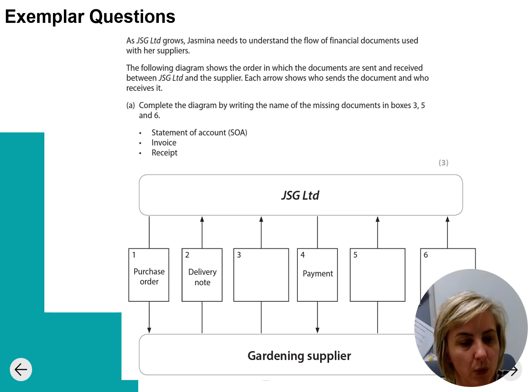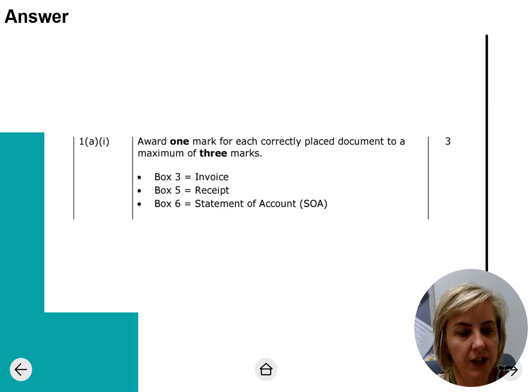It's really important the students just commit that to memory in order for them to be able to get those simple, easy first 3 marks that can really build the confidence for them. And here you can see the way in which the mark scheme operates to give the 3 marks for invoice, receipt and statement of accounts. Very simple and easy to achieve.